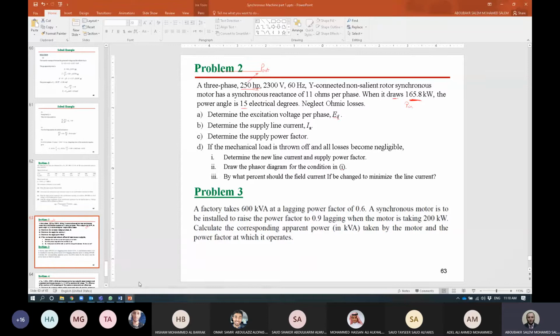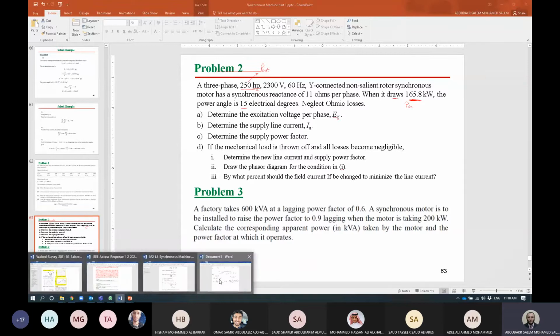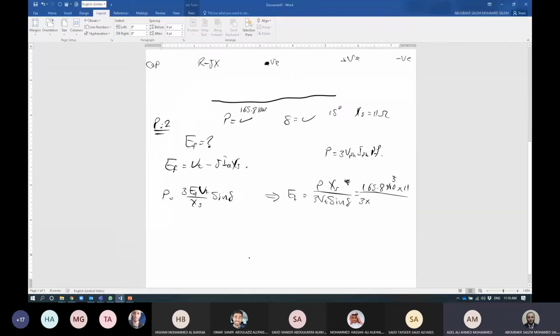This is line to line, right? So instead of 3 multiplied by, we can say square root of 3 multiplied by 2300, multiplied by sine 15 degrees. This way, if we calculate EF we can get the exact value.